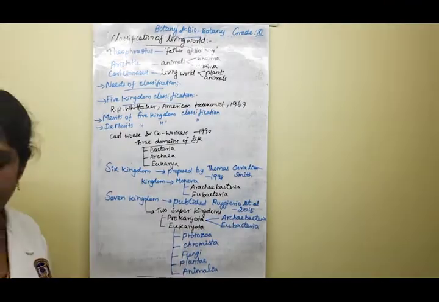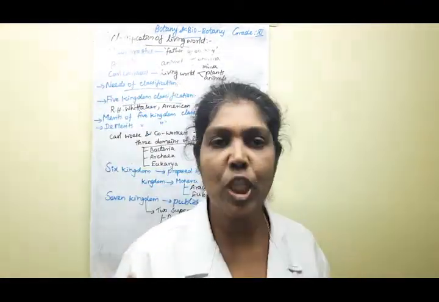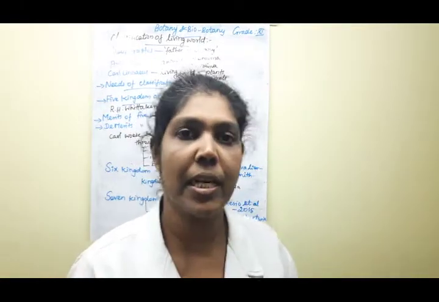Here, Chromista is one of the new kingdoms in the system of classification. Which type of organisms are placed under this kingdom?